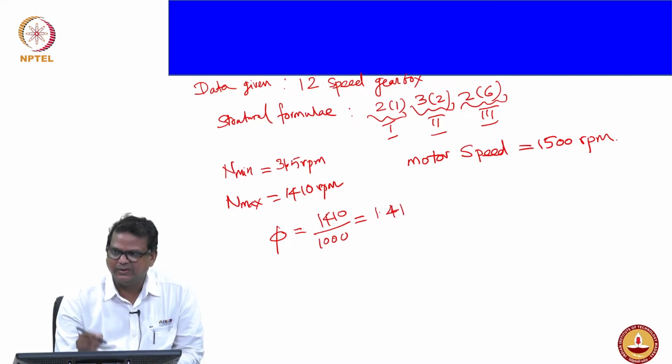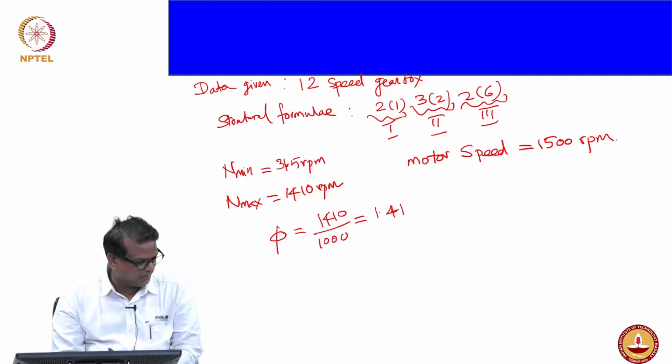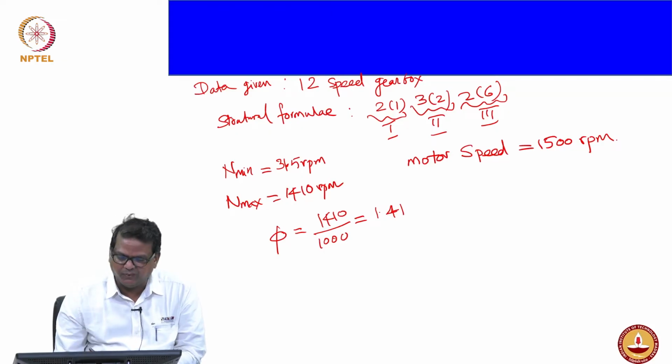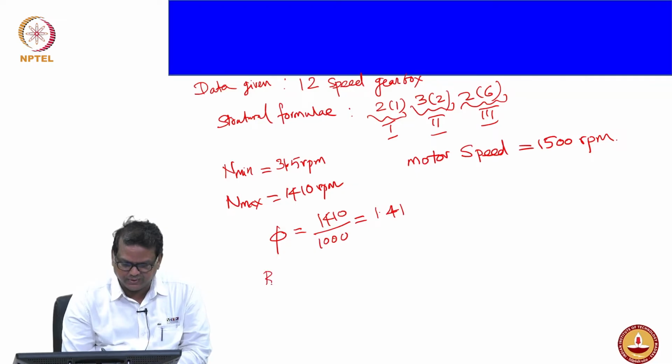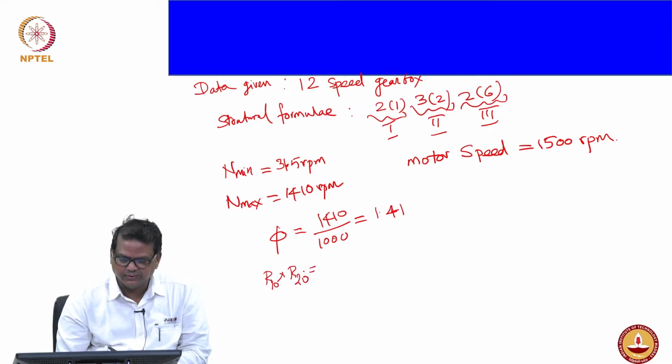And if you refer to the preferred series, this falls under the multiplication of 2 series. If you take the R10 series and multiply with the R20, you would expect 1.41. For R10, please refer to the table, the step ratio is 1.26.